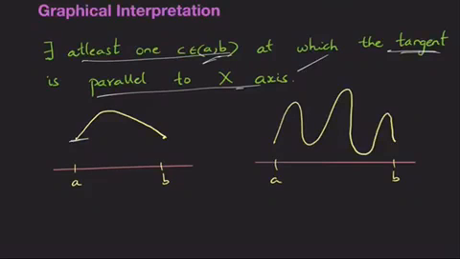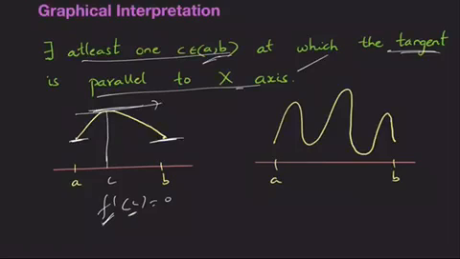In this graph, the value of the function at a and b is equal, and this is the turning point, so the derivative of f at this point is 0. What do we mean by the derivative of a function at some point? It is nothing but the slope of the tangent at that point. Since the derivative at c is 0, the slope of the tangent is 0 at this point, which means the tangent is parallel to the x-axis.